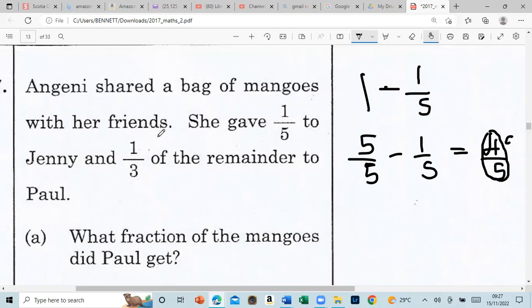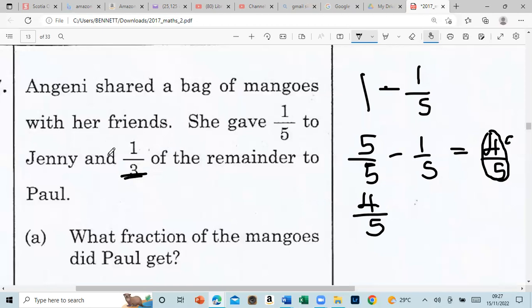And it says 1/3. So from that, we're going to give 1/3 of the remainder part. So we have 4/5 remaining. Alright, so we get that.